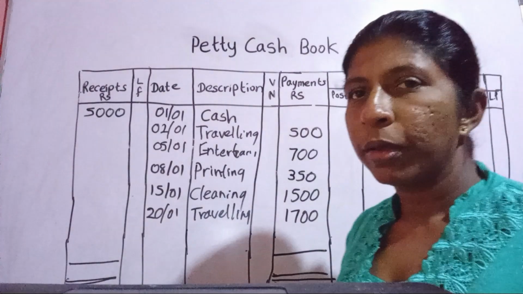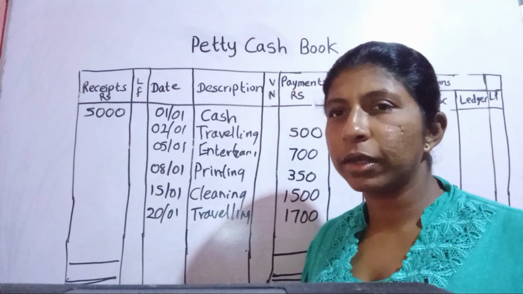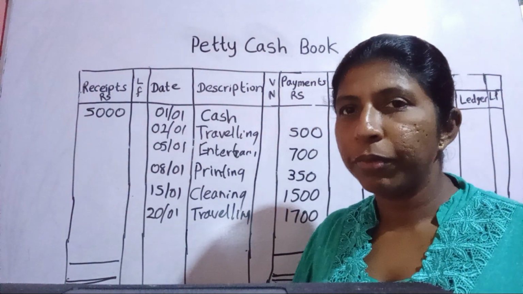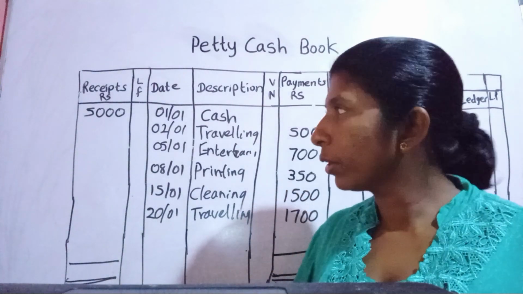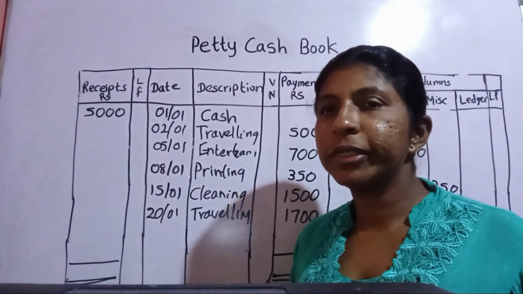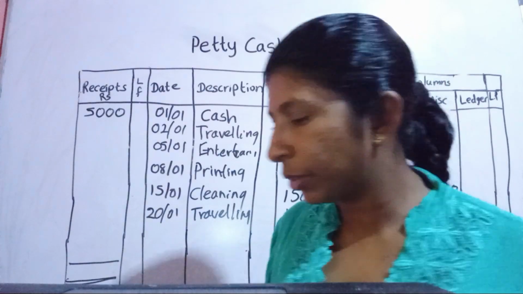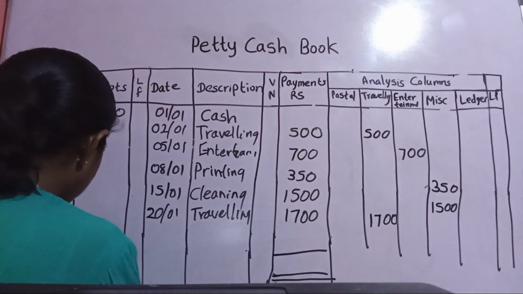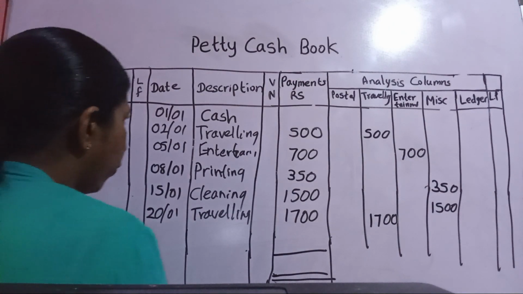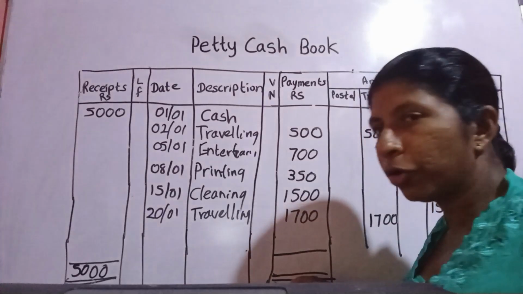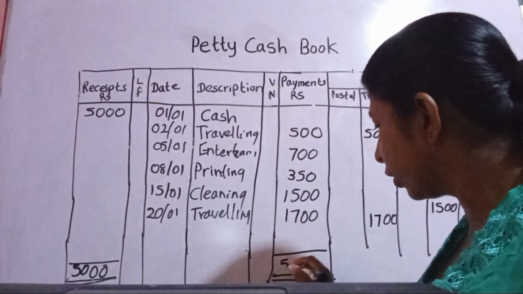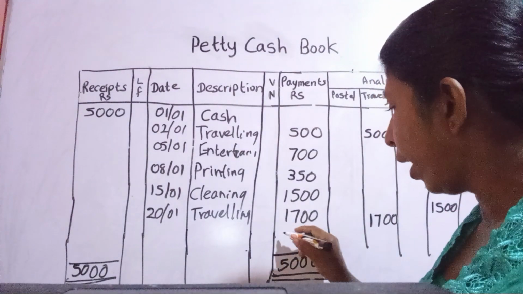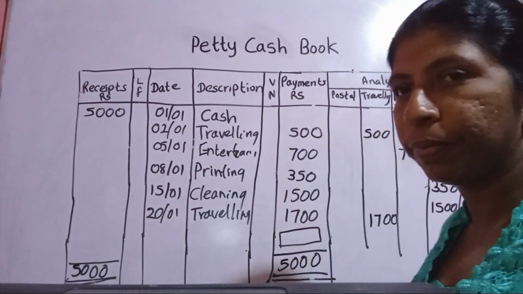Normally, before finishing this petty cash imprest, the petty cashier has to make a request. Therefore, I will take the receipts column balance first. Here we know 5,000. Here also I will write 5,000 because these two columns should agree. And I have to get the balance here.